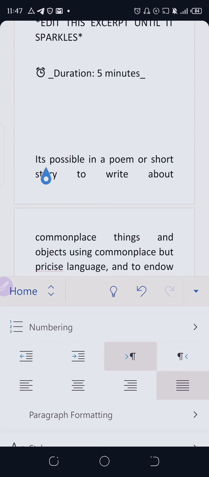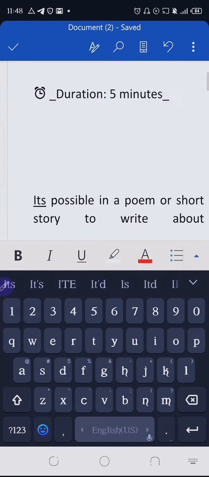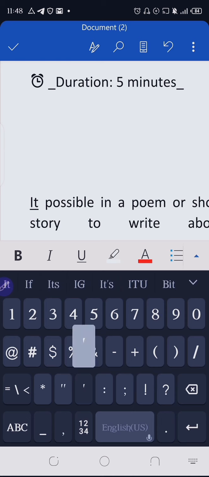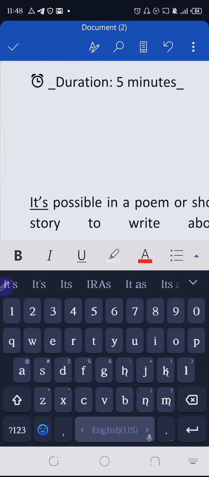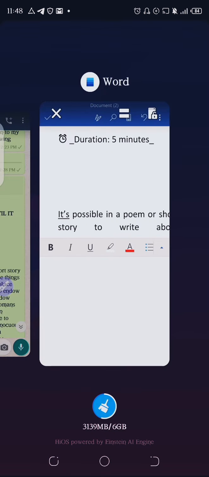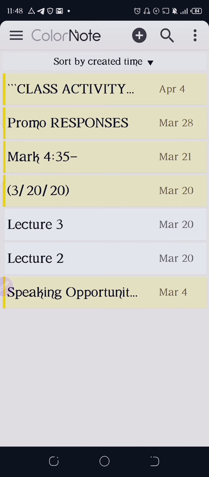It's possible. We see this "its" here; that is the possessive pronoun of perhaps an inanimate object, right? What we need here is actually "it apostrophe s". Let me get to my notepad so that I can make some explanations for you.